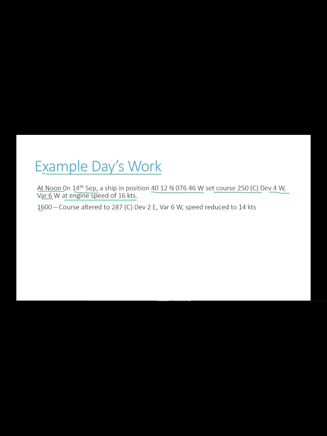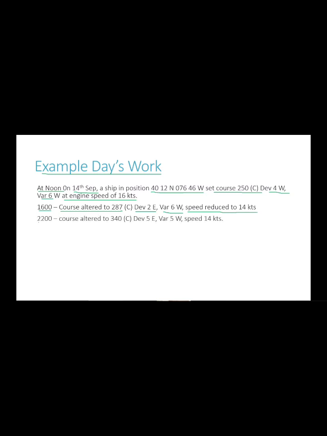Now this continued till 1600. At 1600, the course is altered to 287. The deviation is 2 degrees east now and variation is 6 degrees west. And at 1600, the speed is also reduced to 14 knots.